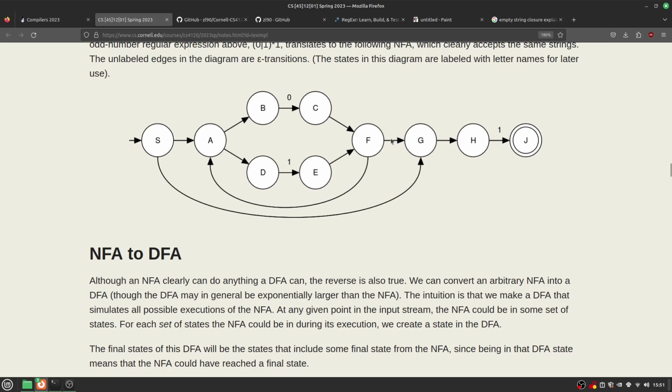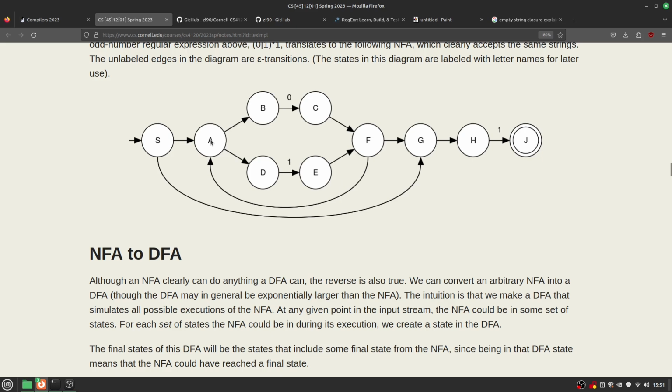Because you can take an empty string transition from F to G, and then you can take an empty string transition from G to H. So you can do these at any time because they don't require actual input, whereas the transition from H to J requires an input. The transition from D to E requires an input. B to C requires an input.